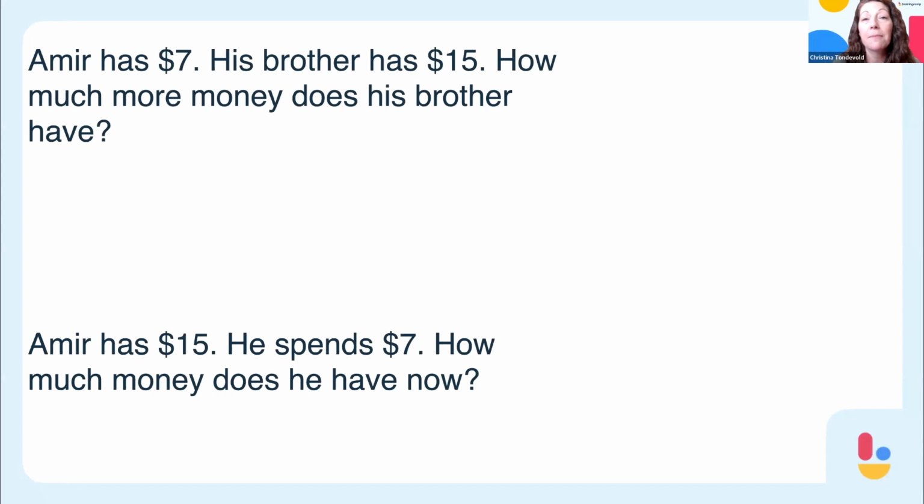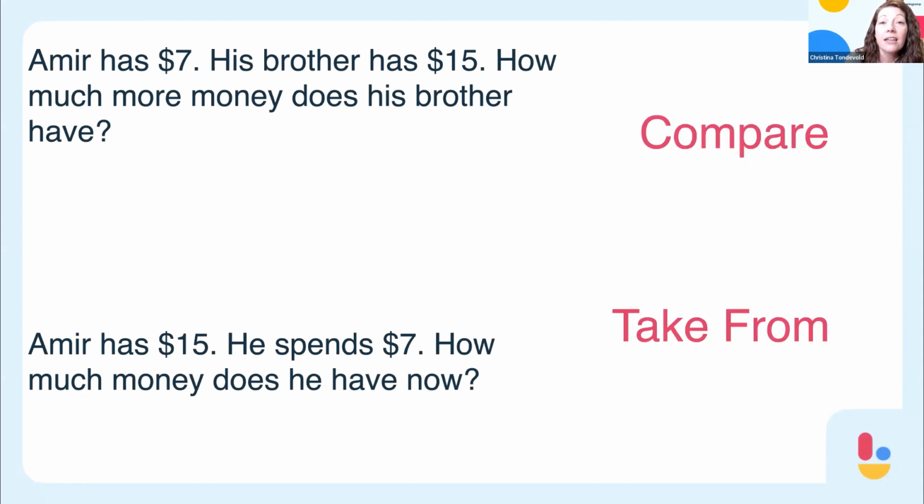Cross out my words there. Subtraction could be used to solve that top problem, right? And subtraction could be used on the bottom problem. There are two ways to view subtraction. Subtraction can be when we're comparing, and subtraction can be when we're taking from.